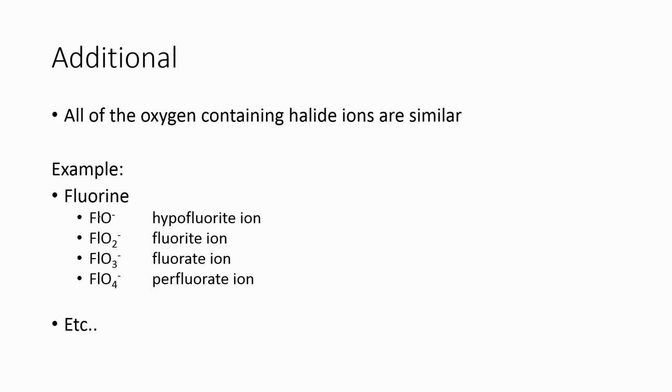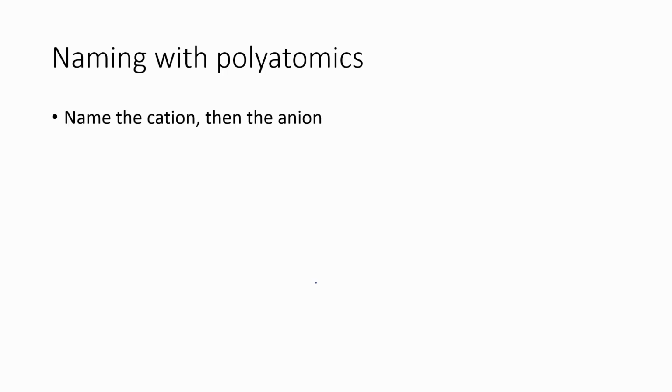So fluorine, for instance, the one with 1 oxygen would be hypofluorite, 2 oxygens, fluorite, 3 oxygens, fluorate, and 4 oxygens, perfluorate ion. And you could extend this pattern to bromine and iodine as well.